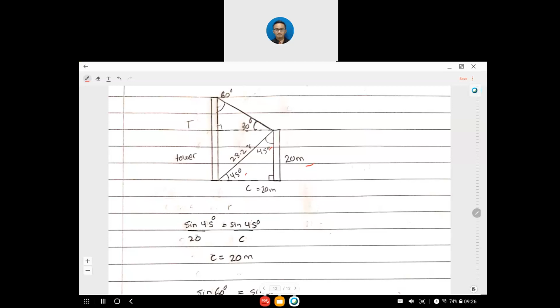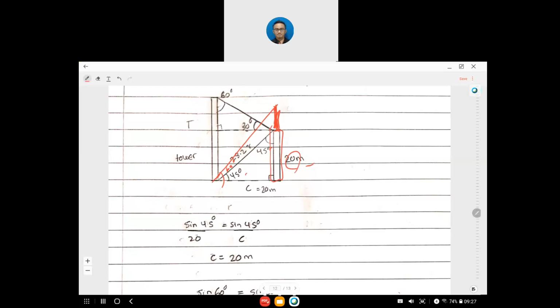Salah awak punya definition ni. Okay. Sebab dia letak benda tu dekat sini. So, sini. 60 duduk sini. Okay. Tower fixed at the top. Transmission tower ni duduk atas bangunan. Ni bangunan kan. This one is a building with 20. 45 and 60. 60 degree.